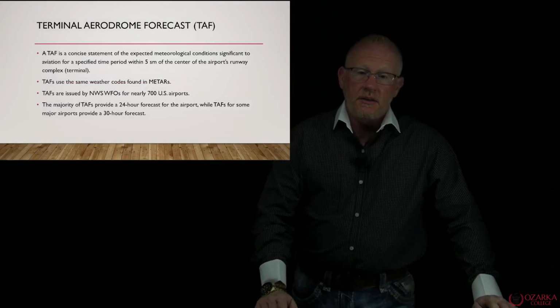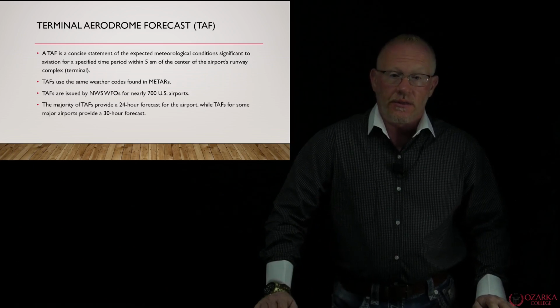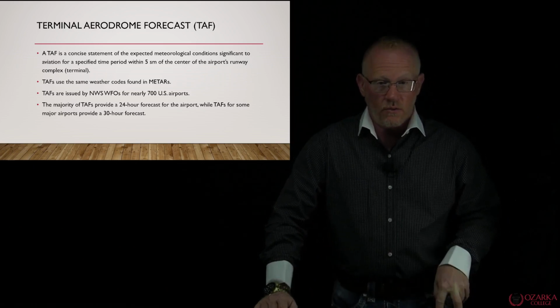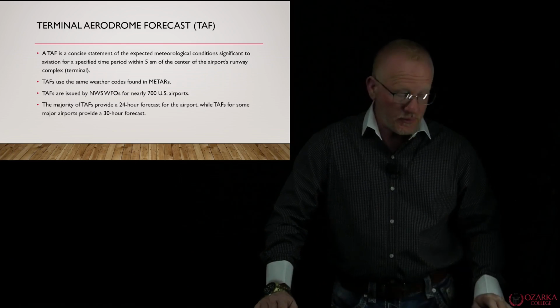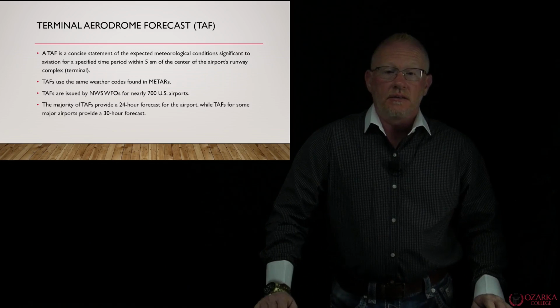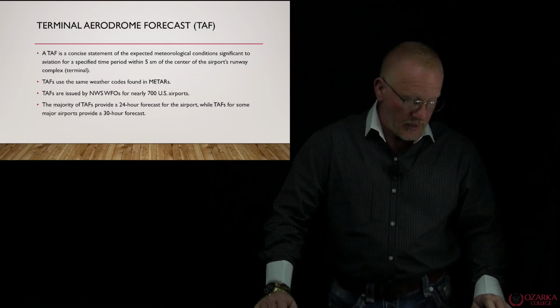Now, there's only like 32 airports in the United States that have the 30-hour format. Normally, TAFs are only 24-hour TAFs, okay? So just be able to tell me that TAFs are 24 hours, but at some airports in the United States, they go up to 30 hours, all right?